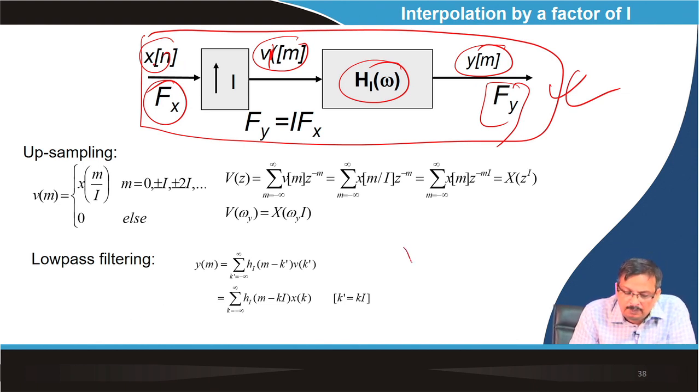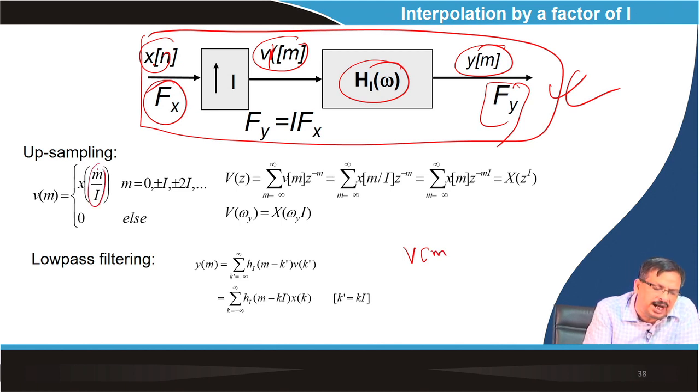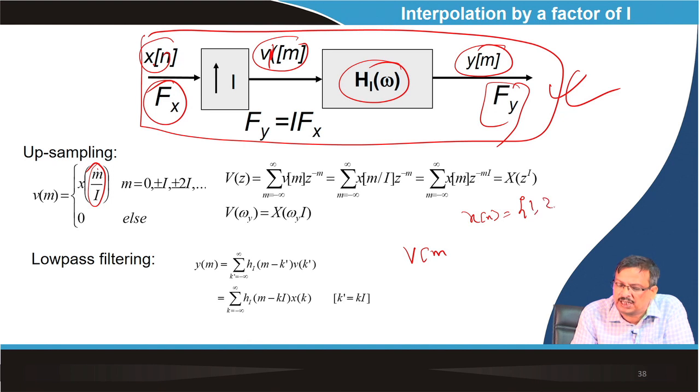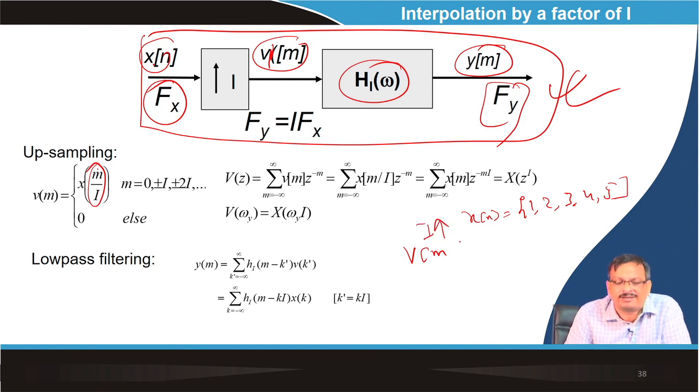I know v of m is nothing but x of m by I, because if x of n is 1, 2, 3, 4, 5, and I is the upsampling factor, then I have to insert I minus 1 samples in between.